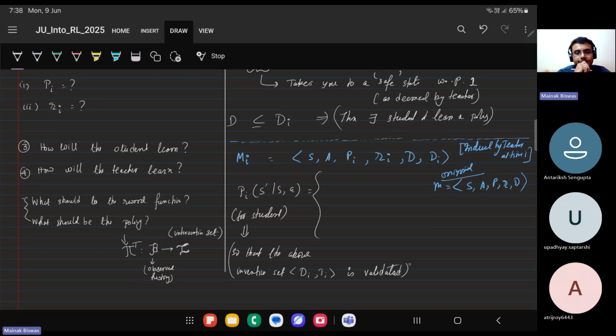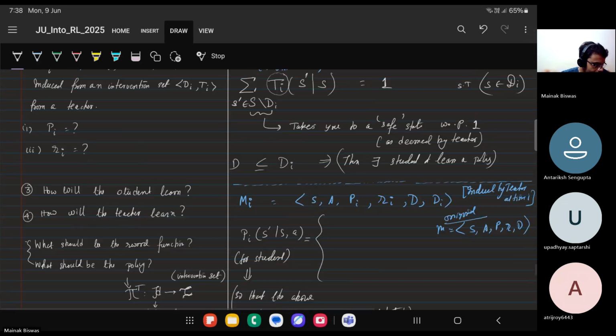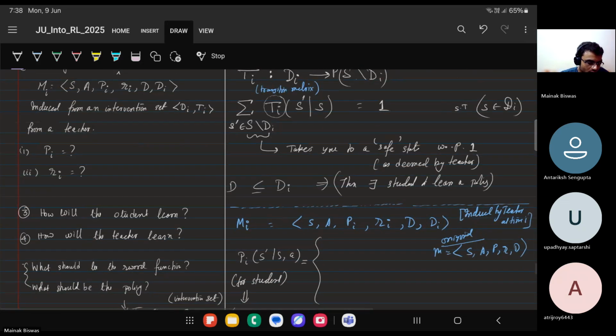Can you tell me, if s belongs to states minus dangerous states, then what should it be?